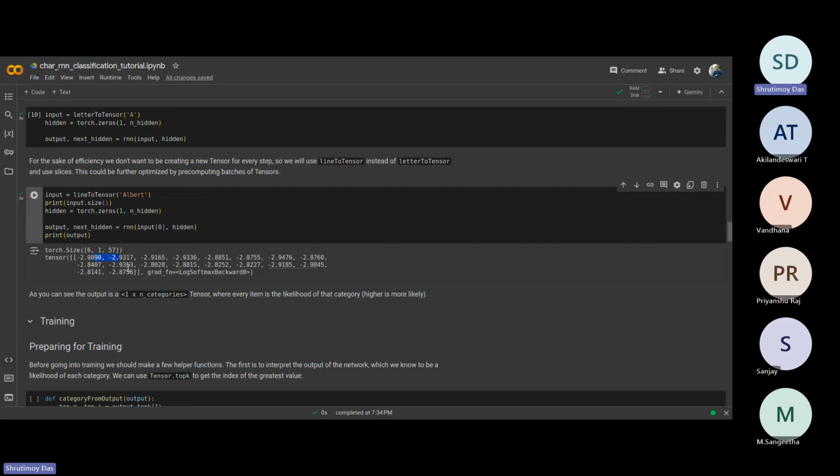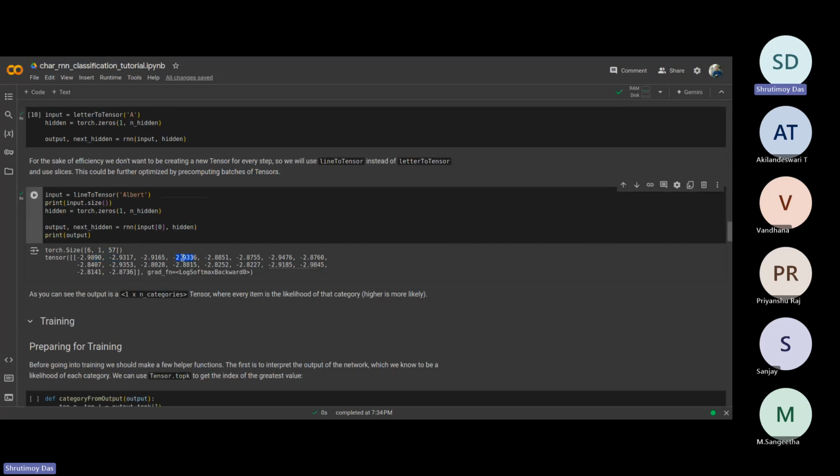So this is an 18 class problem, and this output gives us the probability or log probability of belonging to that class. For example, it says minus 2.9336.